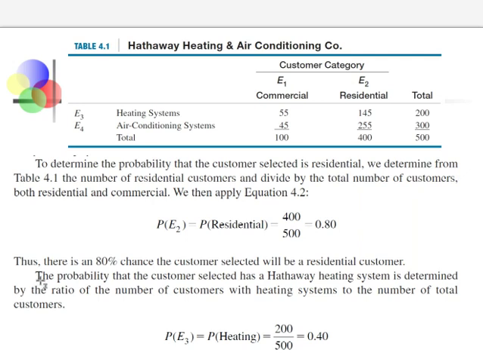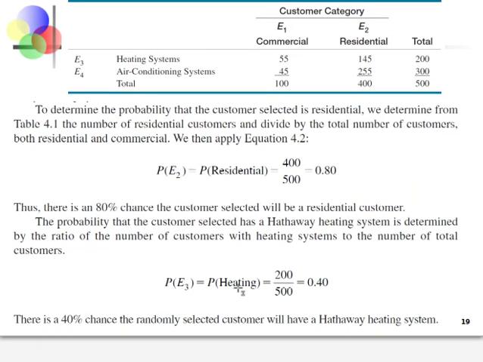The probability that the customer selected has a Hathaway heating system is determined by the ratio of the number of customers with heating systems to the number of total customers.